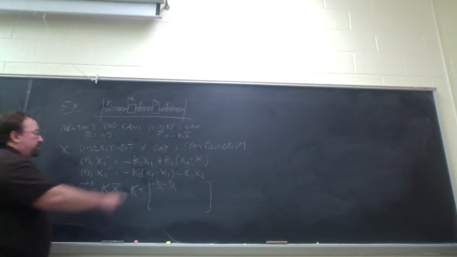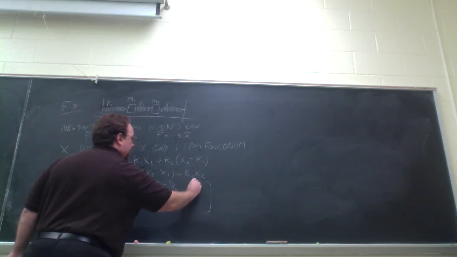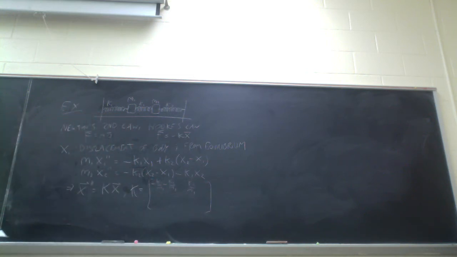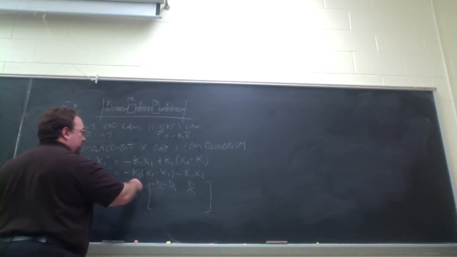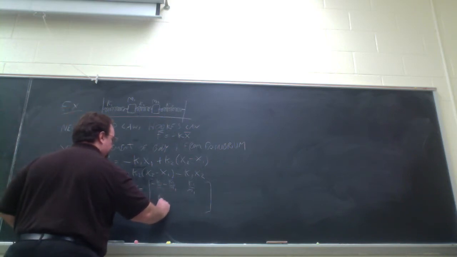And then what is multiplying x2? Well, we have k2 over m1. So everything is divided by m1 for the first equation because I just divide by this first. And then the second row, I have to divide everything by m2. So what's multiplying x1? k2 over m2.